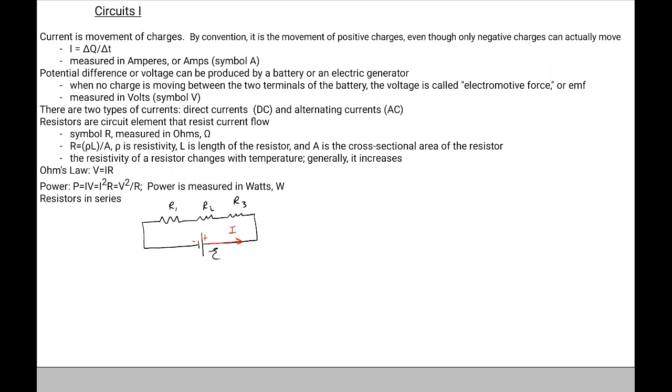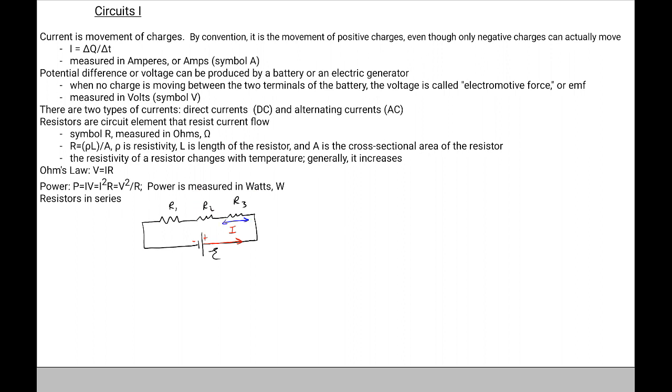Now, in series, the current is the same, so that means that the current through resistor R3 is I, the current through resistor R2 is I, and the current through resistor R1 is I as well. But there will be a different potential drop across each of the resistors.